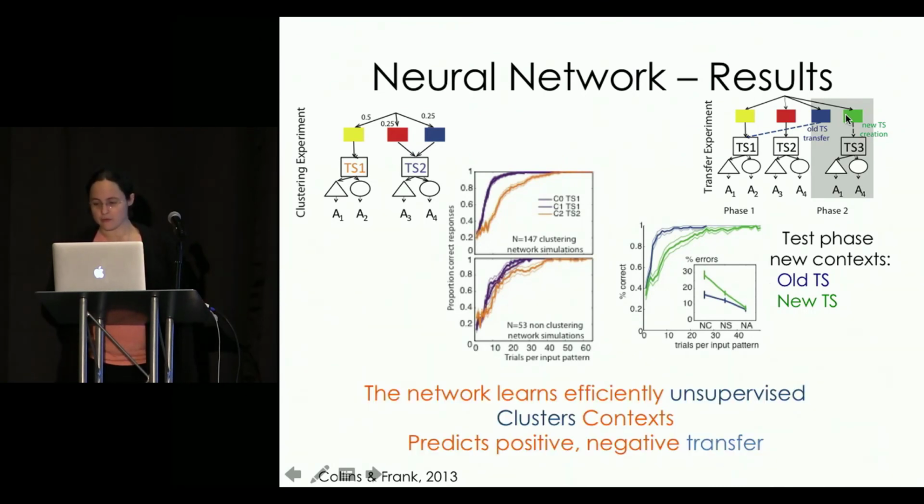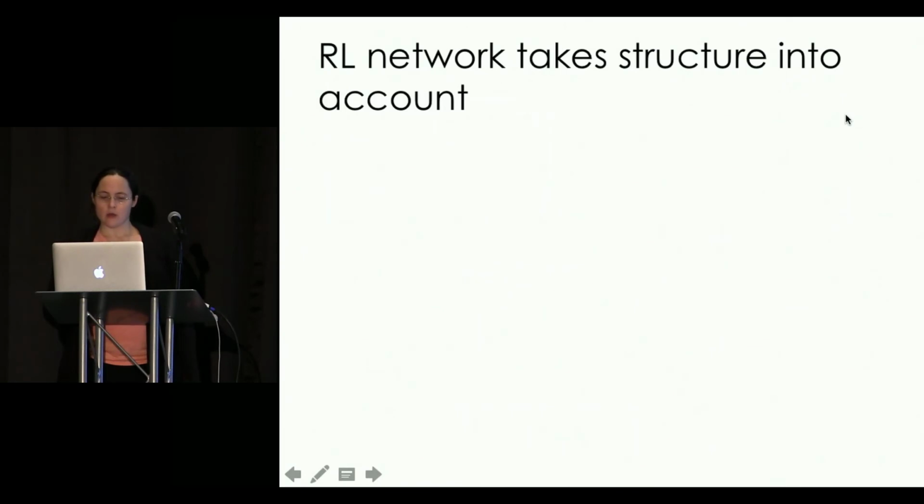Okay? So what this shows us is that a reinforcement learning network repeated in pattern with different inputs from different areas of the cortex might be a way to implement some aspect, at least, of structural learning.